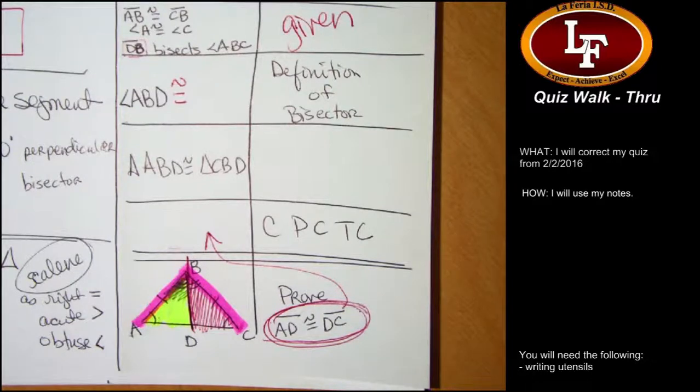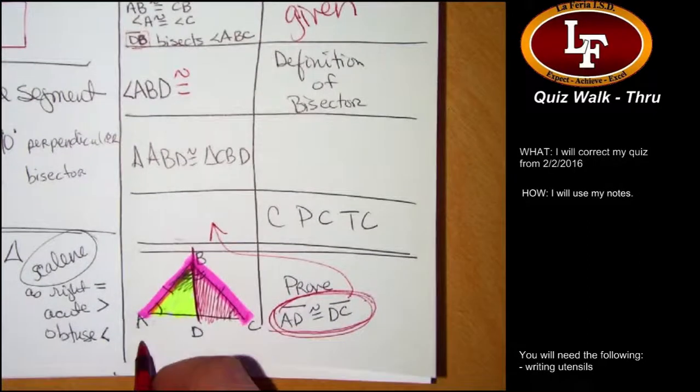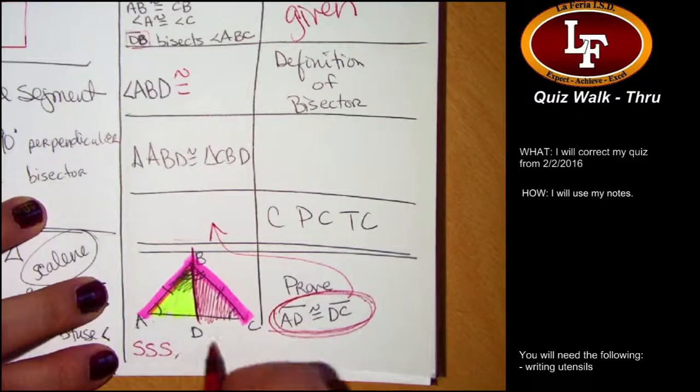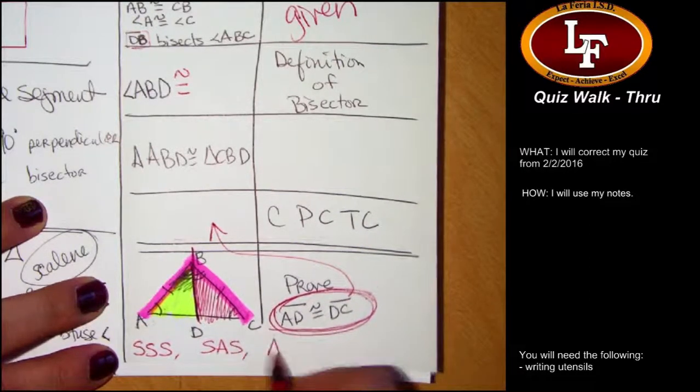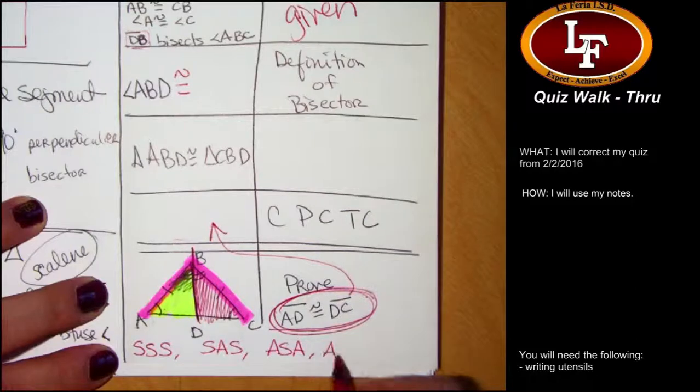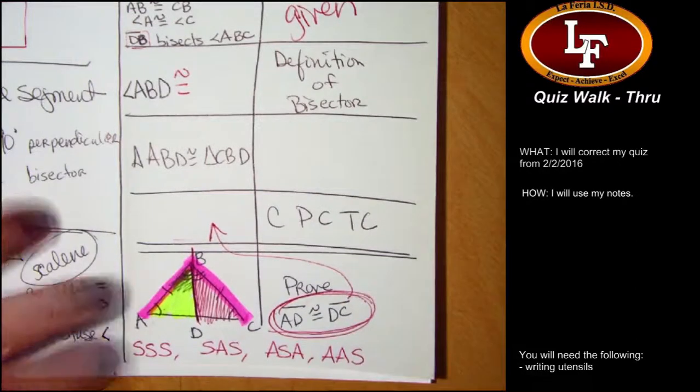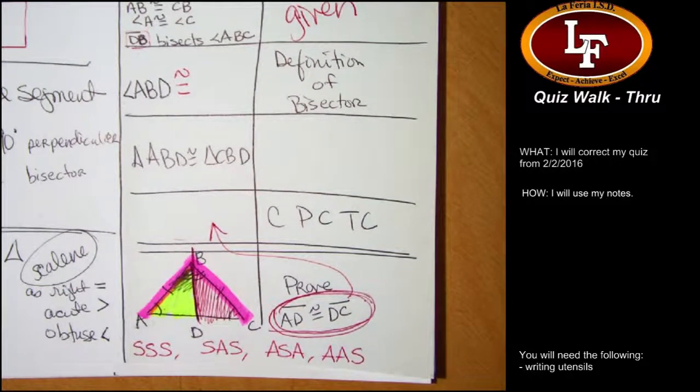So go ahead and flip to that section, triangle congruence, and you're going to find that you have side, side, side, side, angle, side, angle, side, angle, and angle, angle, side. Sure, there's the ones with the right triangles, but I don't know if these are right triangles. Nowhere in my proof does it say I have a right triangle, even though it looks like I do. So I can't use any of those, so I'm going to ignore them. These are the only four that I'm going to work with.